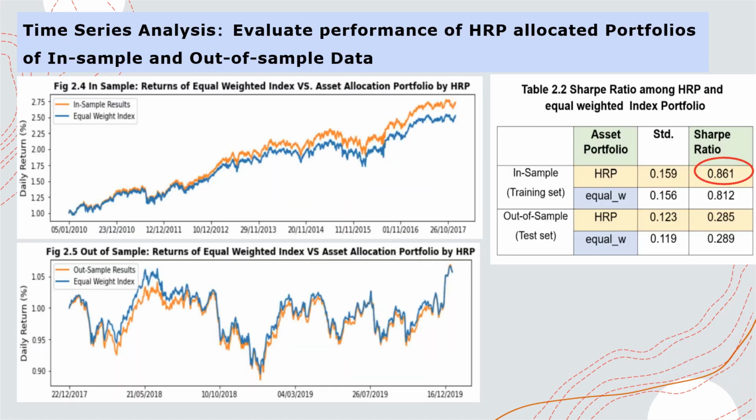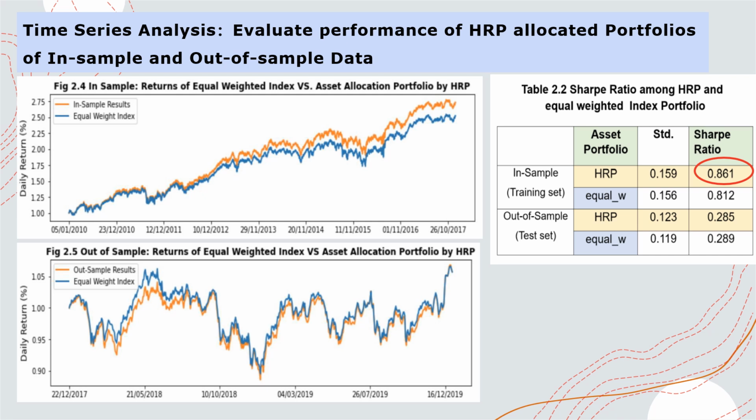These two time series plots display the performance of the HRP allocated portfolio using in-sample and out-of-sample data. The orange line represents the return of the HRP allocated portfolio, while the blue line represents the returns of the equal weighted portfolio, which is the baseline portfolio. In the upper figure, it is evident that the HRP allocated portfolio outperformed the baseline portfolio with a higher Sharpe ratio of 0.861.